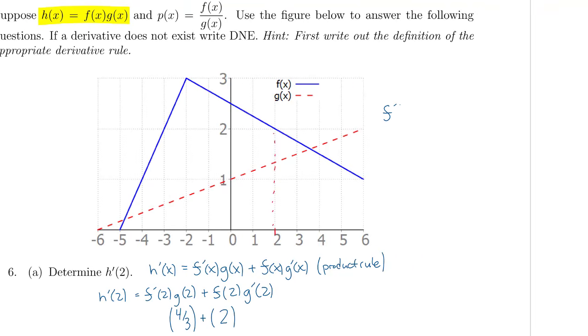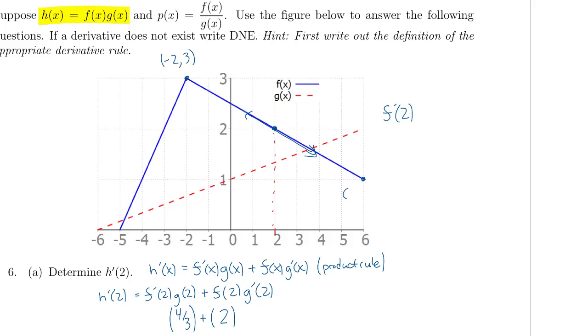But remember, f prime of 2 is the slope of the corresponding tangent function at that point. If we go to 2 and sketch a tangent line, what we'll see is that the tangent line sits right on the function, and that's because this function is piecewise linear. What we learned was that the derivative of any linear function is precisely its slope. So we can just choose 2 nice points and calculate the slope, and that will give us the value of the derivative.